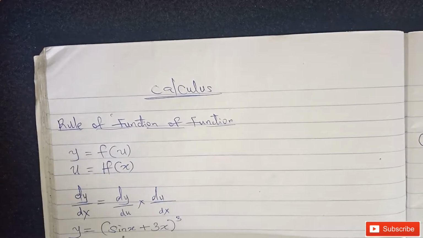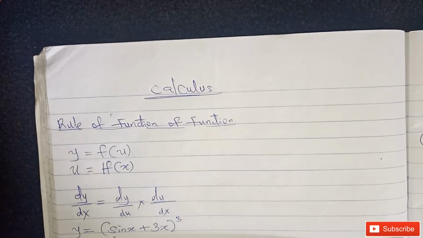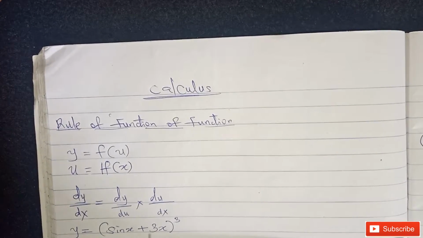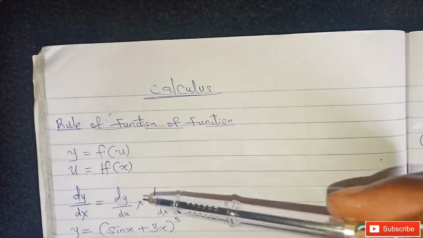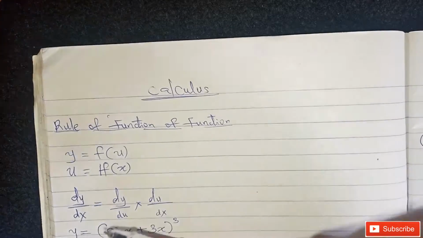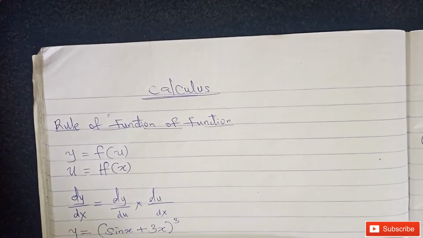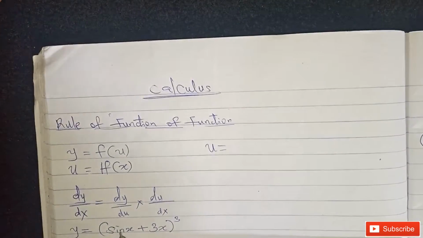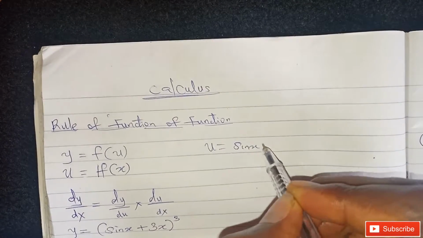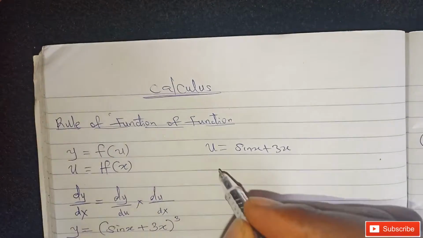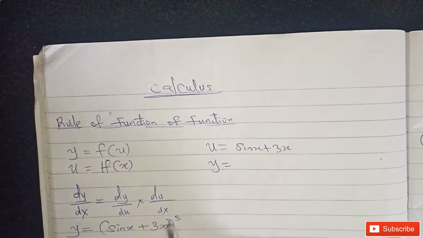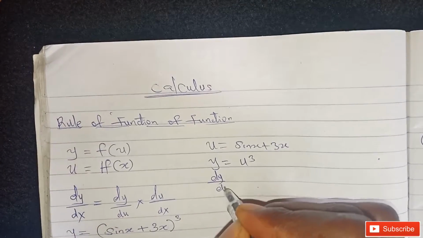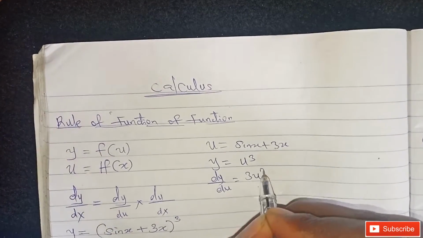Of course, the way to do this is to make everything in the bracket equal to u. Okay, everything inside the bracket equal to u. Then you differentiate y with respect to u, because now we'll be having y equal to u raised to power 3. You let u equal to whatever is inside the bracket, sine x plus 3x. Then we have y equal to u raised to power 3. Then you differentiate y with respect to u, which will be 3u squared.